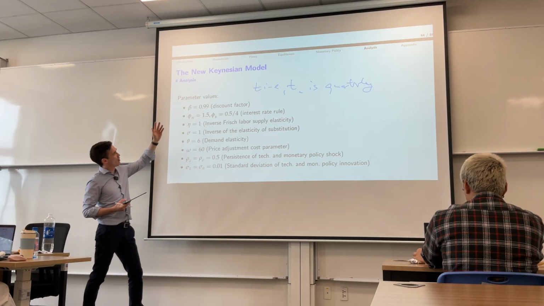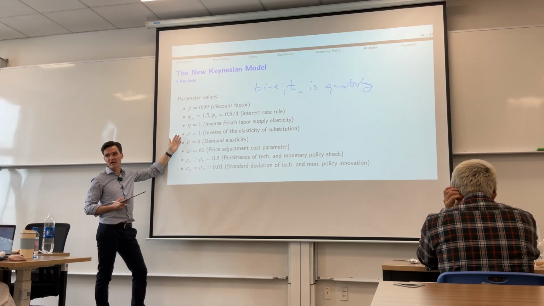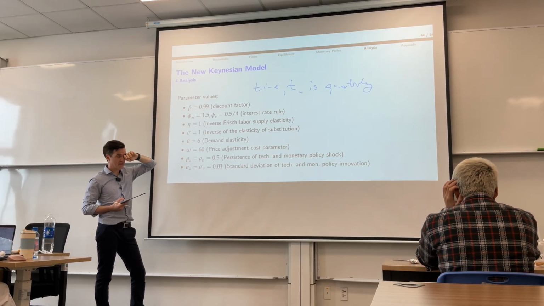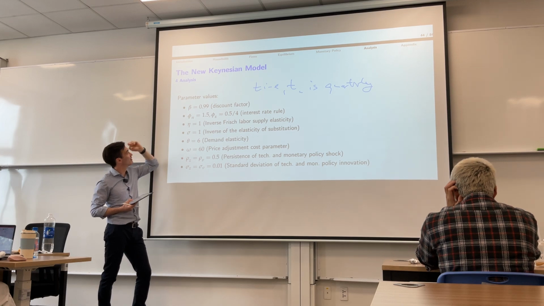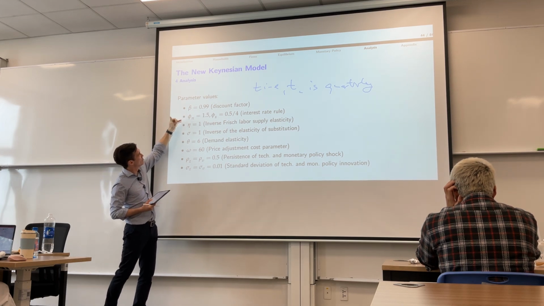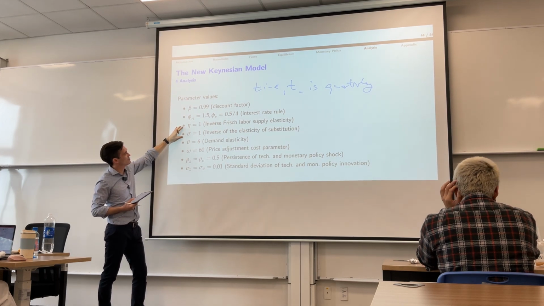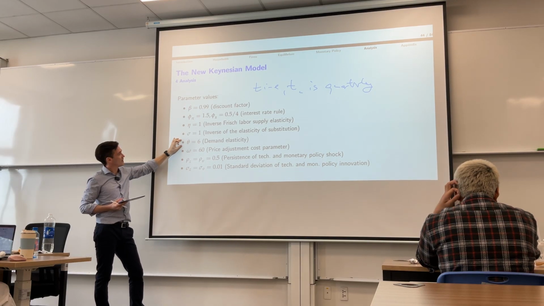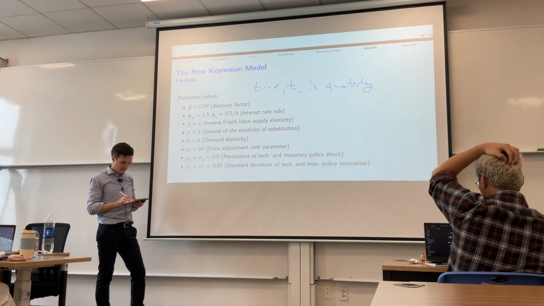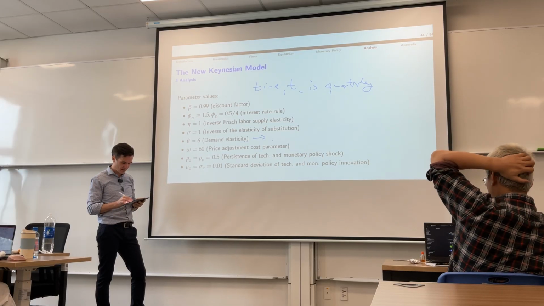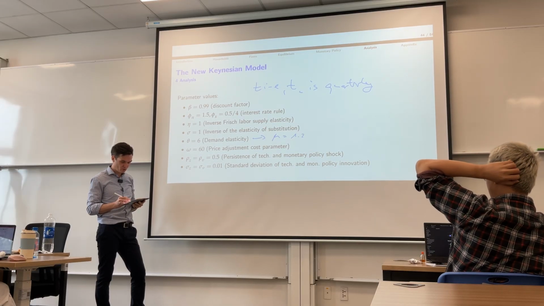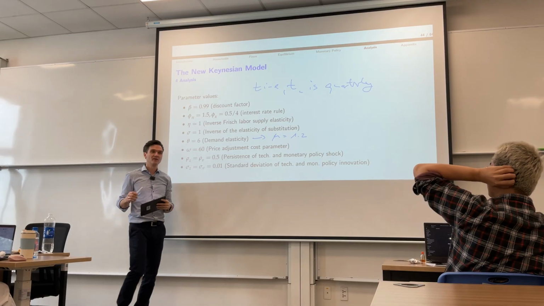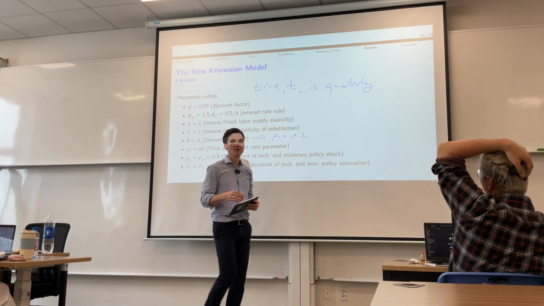Most of these parameters we have discussed with Alexander Meyer-Gode, Michalis Haliastas, and maybe also Michael Binder: the Taylor rule parameters, some of the utility parameters. The demand elasticity is set to 6, and that implies, as we discussed, that the gross markup mu is equal to 1.2. So the net markup is 20%.